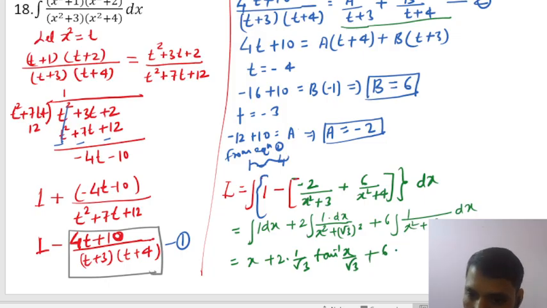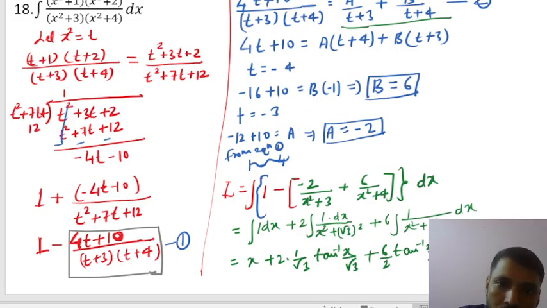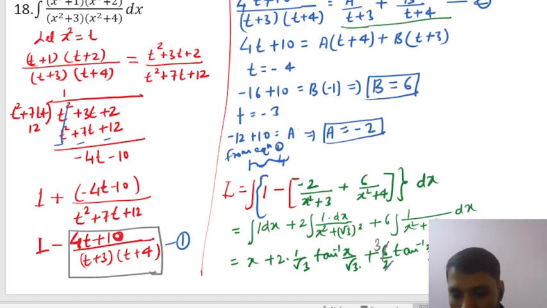So tan inverse, and 1 by a is 1 by 2, so tan inverse x divided by 2, plus c. So this is the final answer. Just here we can do one simplification. This 6 divided by 2 will become 3, so here the coefficient will be 3.